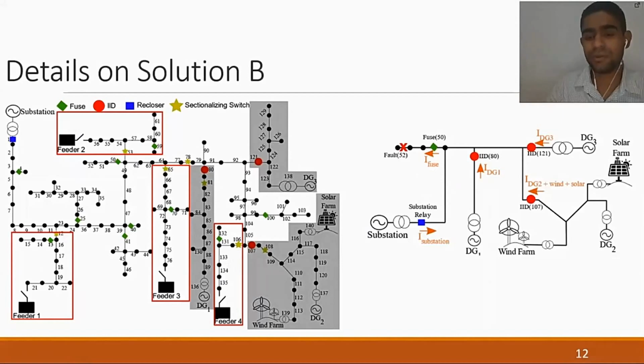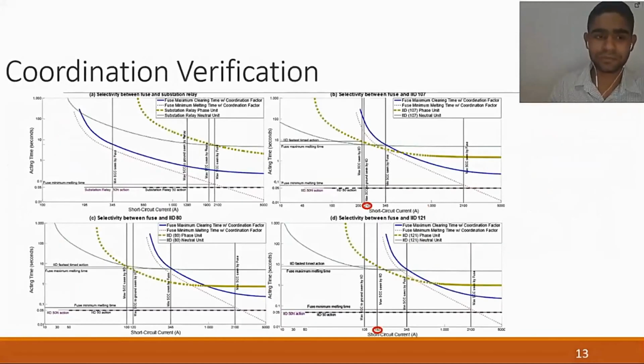What we are expecting is that fuse 50, or the fuse at branch 50, would operate slower than every other device represented here in their instantaneous operation, and faster than those devices in their delayed operation. And we can observe that in this figure.